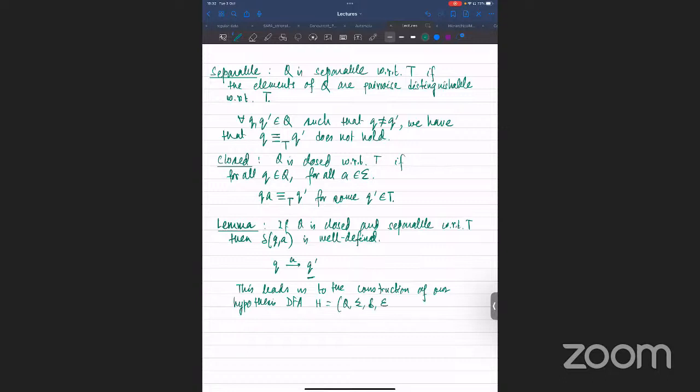Okay, initial state is epsilon, because what are these Qs? These are sets of strings. Q is a set of strings, and epsilon is the initial state. And this is my F. What is F? F is the set of Q belonging to Q such that Q belongs to L.